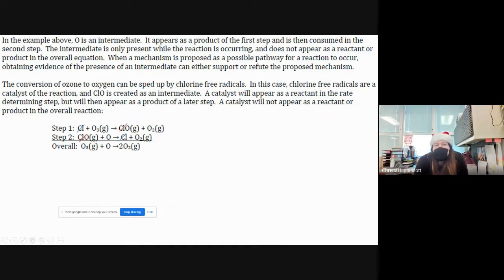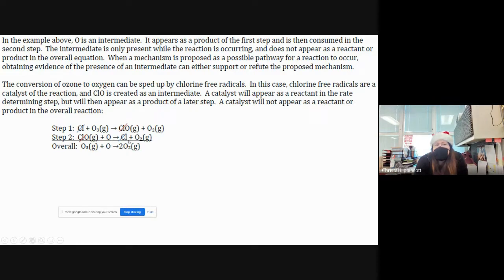Conversion of ozone to oxygen can be sped up if we add in some chlorine. So you take that ozone, add the chlorine in, and it's going to form ClO and O2. That ClO then gets fed down to here. It's going to come out with oxygen, and then chlorine is going to be left behind.